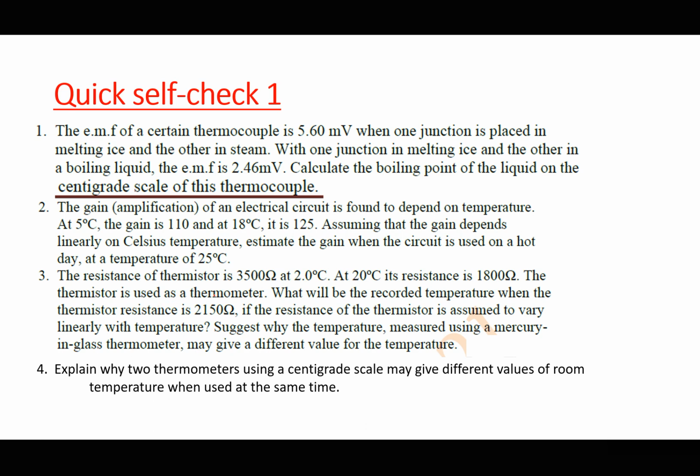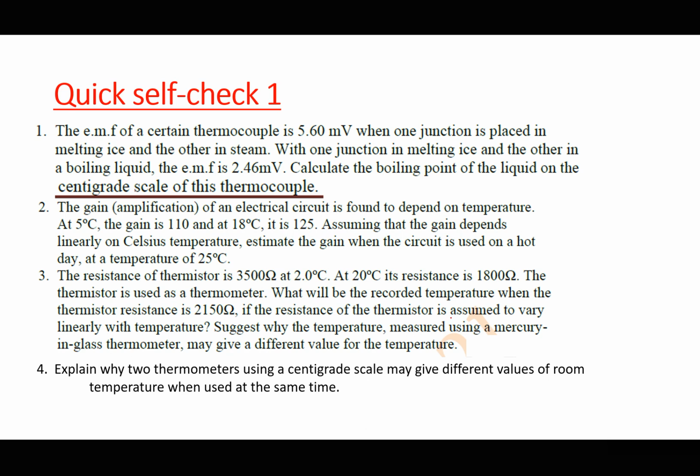Number 3, the resistance of a thermistor is 3500 ohms at 2 degrees Celsius. At 20 degrees Celsius, its resistance is 1800. You notice that here it is a decrease. That means your graph cannot be a straight line going upwards. The thermistor is used as a thermometer.